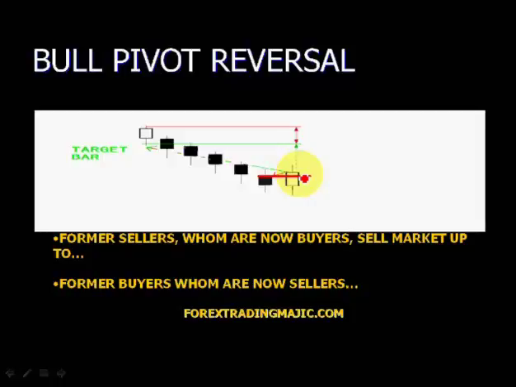A reaction is going to come back and test before a pivot reversal back down. If price goes up to this level and forms a reversal bar or forms a pivot before it comes back down and tests, this pivot is nullified.